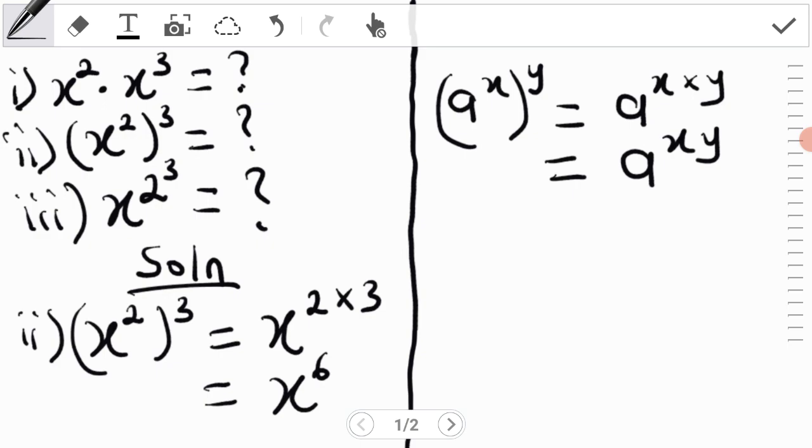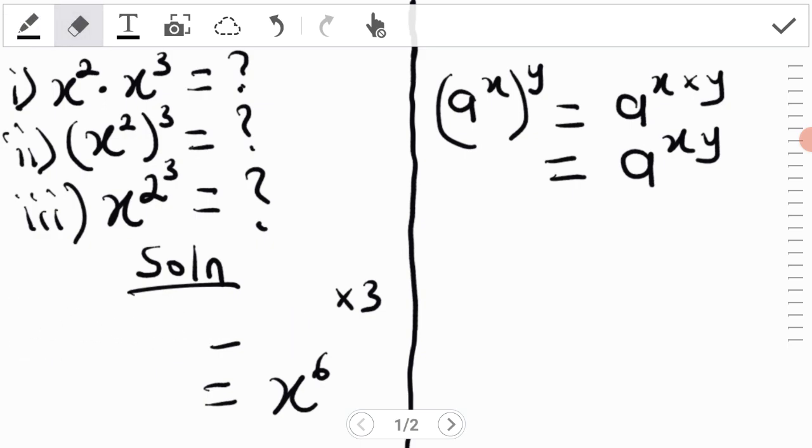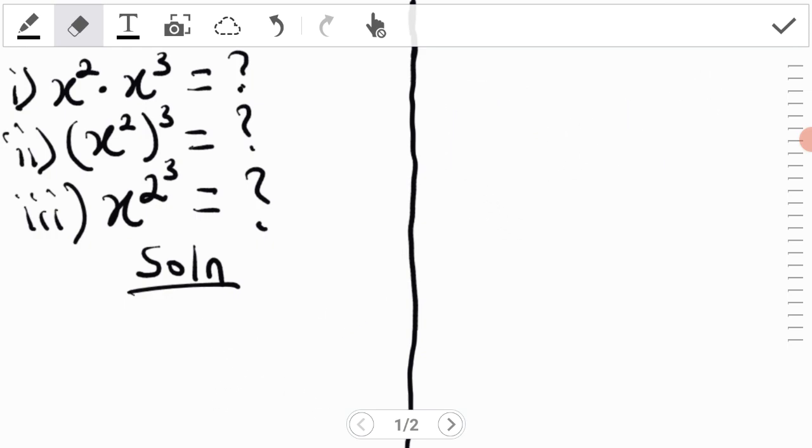Okay. Now let's go to the third one, which is quite confusing to some people. We say, for example, x to the power 2, and that power raised to another power 3, right?